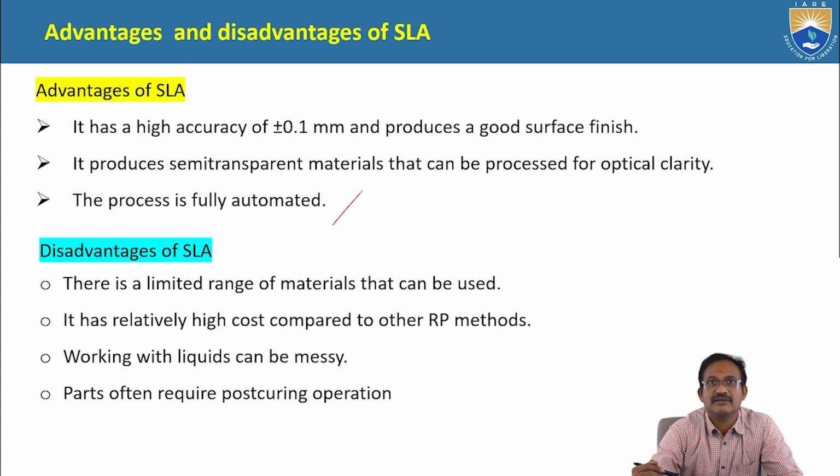Parts often require post-curing operation. Already we have discussed that every time we have to post-cure. Sometimes sand blasting or some other blasting is required to remove any parts, or to remove the supports we have to do some other curing operations.